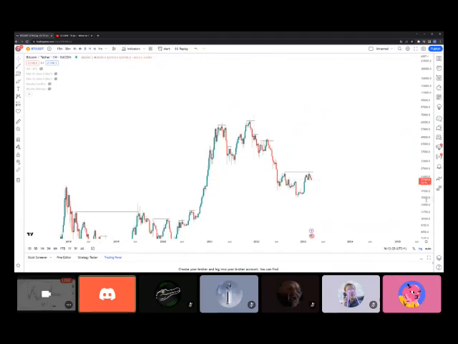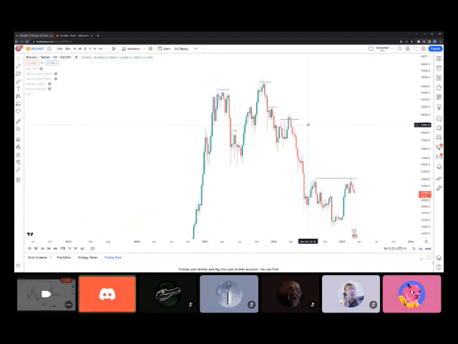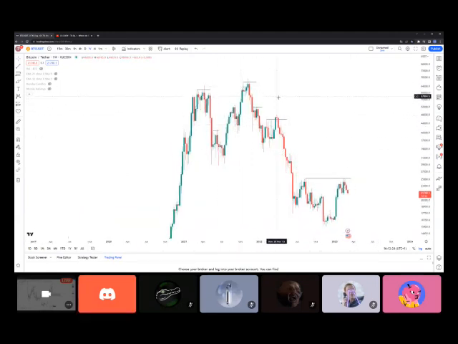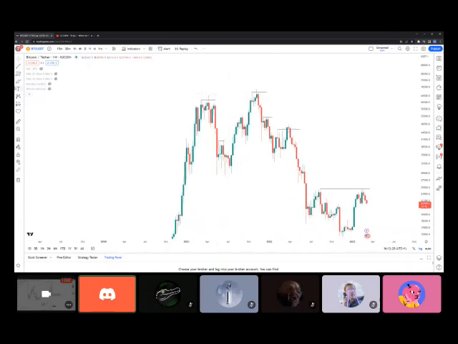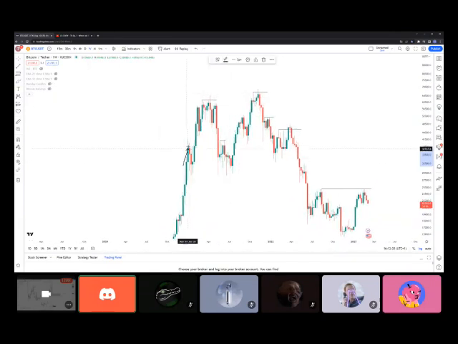So if we look at how these types of tops form, what you usually see is after a big trending move, price starts consolidating, starts forming distribution, and then eventually price starts pushing down. What you often see when Bitcoin forms a top, it's not something like this.